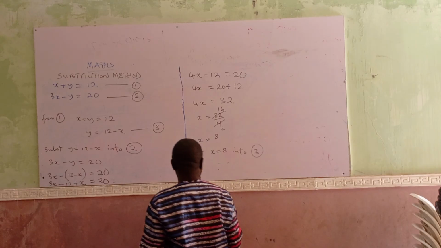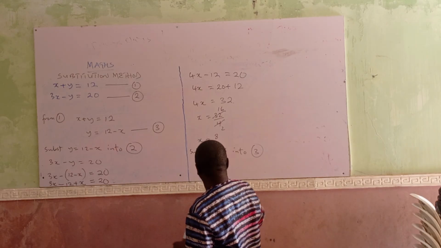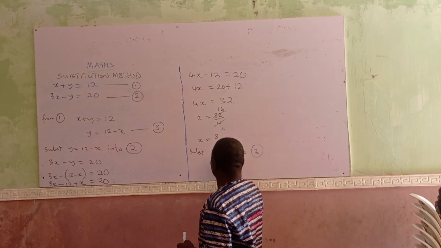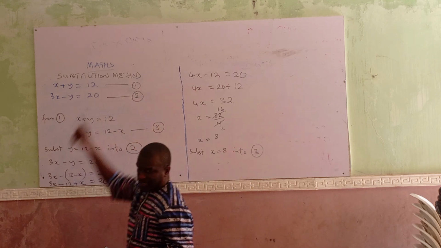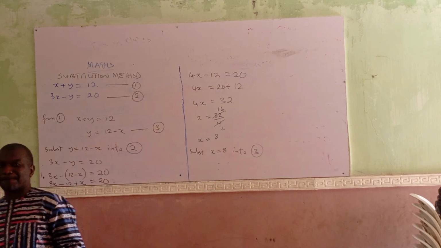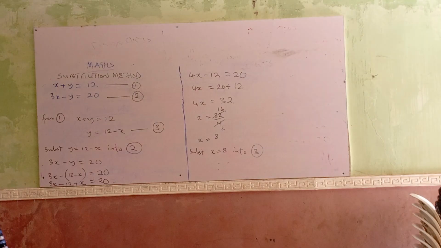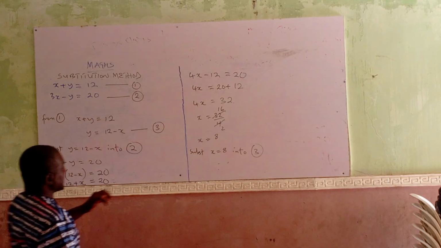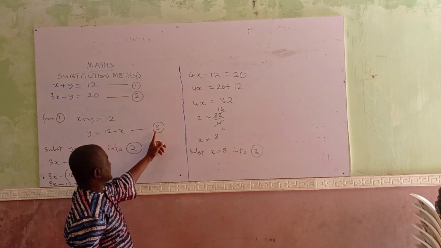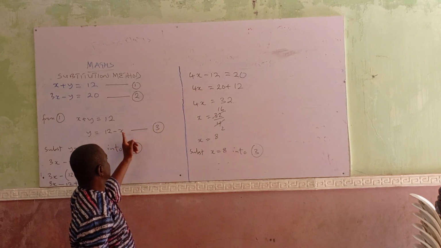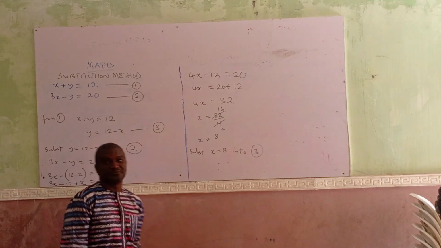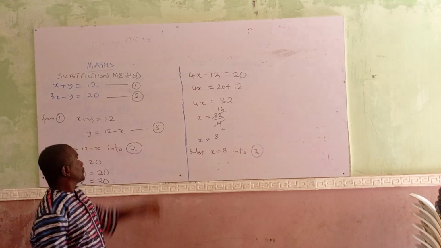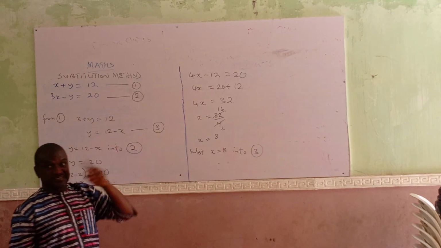Let me ask, why are we substituting x equals 8 into equation 3, not into equation 2, not into equation 1? Who can help us with the answer? Why is it that we are substituting the value of x inside 3 instead of in the others?